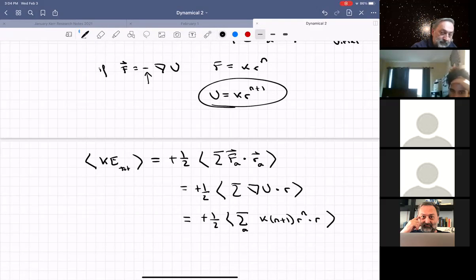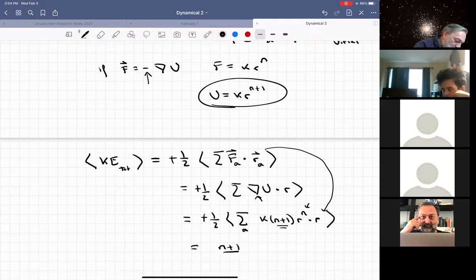Okay. So this n plus 1 came from taking the derivative. It left me with just an n, but I'm multiplying by r from the formula, right? So this r here is in the formula again. So I'm going to pull out the n plus 1. And then I'm going to combine the first power of this r with the r to the n.